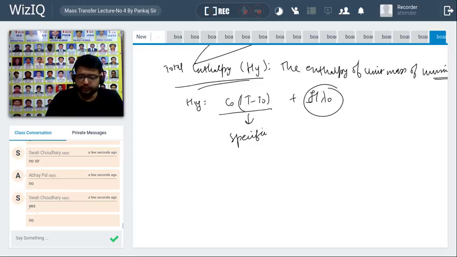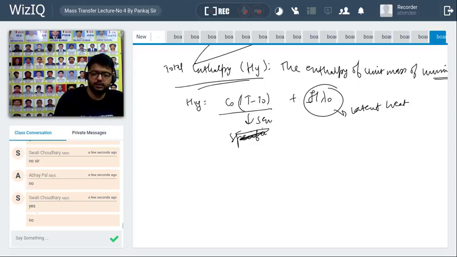So we'll need to consider only the latent heat of vaporization or condensation. This is the same thing, only change in sign for into the humidity. So this is latent heat, or the sensible heat, this is known as specific or sensible heat.